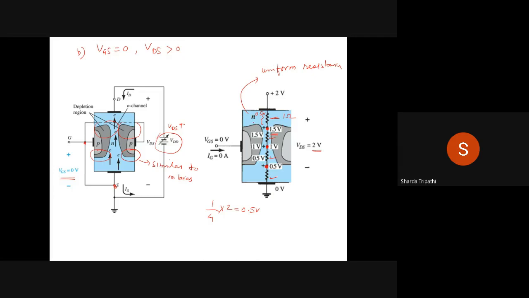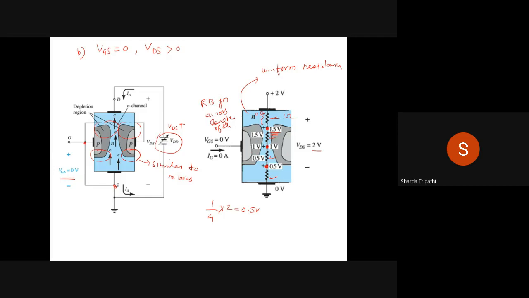So the first thing that you need to understand is that these voltage drops are actually positive because you have applied positive voltage over here. But the channel is N-type. So when you have positive voltages inside the N-type channel, this reverse biases the junction across the length of the channel. ठीक है, तो इन voltages की वजह से this entire junction, both the junctions, they are becoming reverse biased.